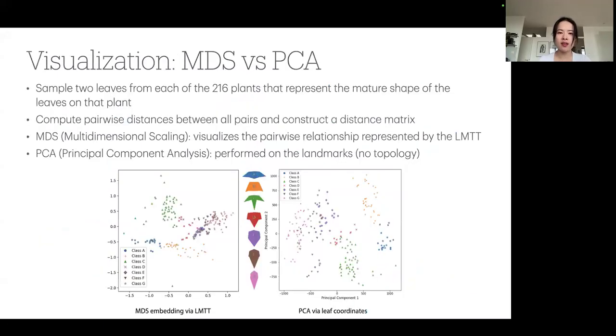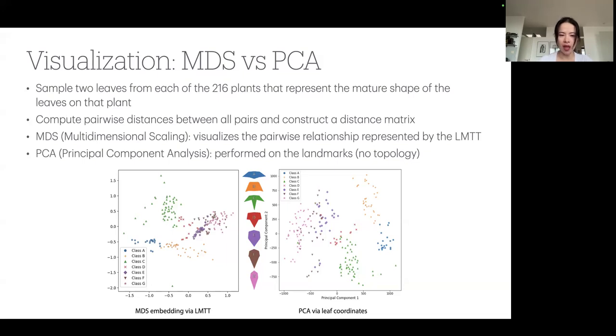Now we do that for every single pair of 432 sampled leaves. And that's how we constructed a distance matrix using our LMTT. And we fed that through a multidimensional scaling process to visualize the pairwise relationship.